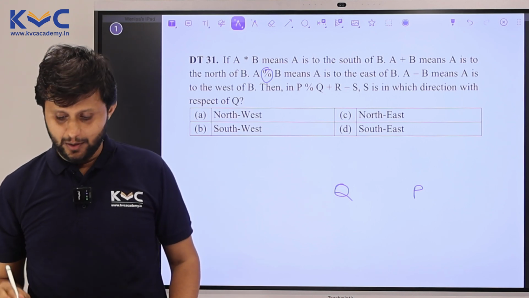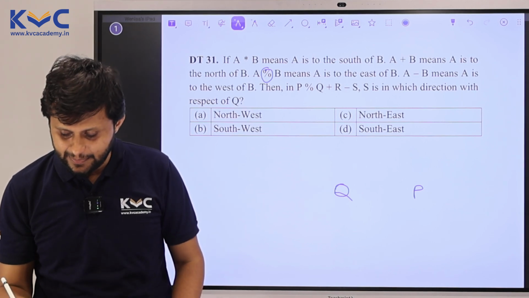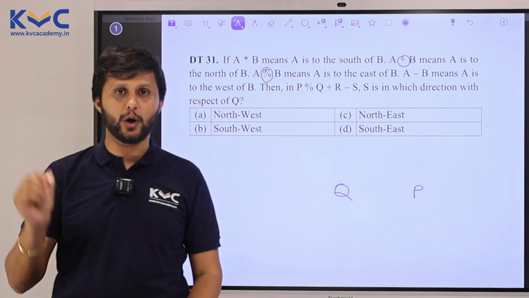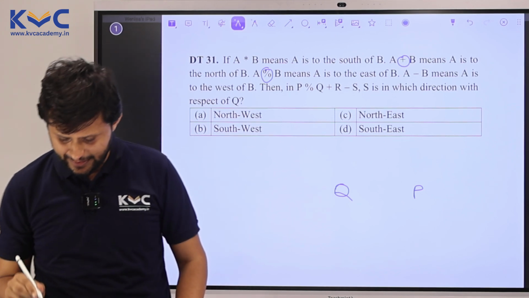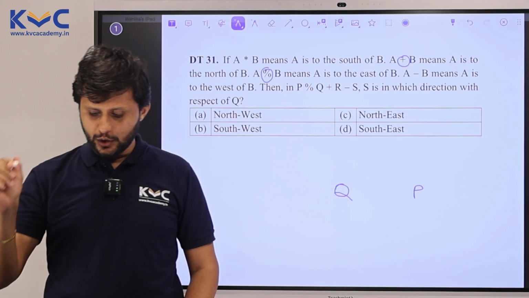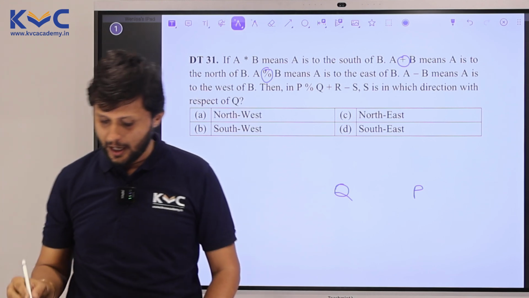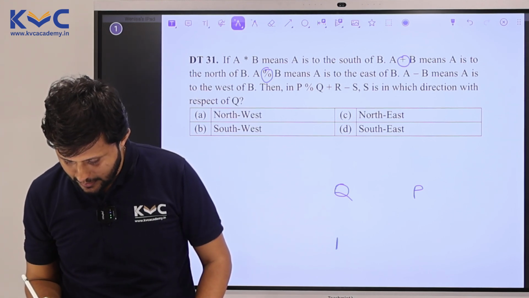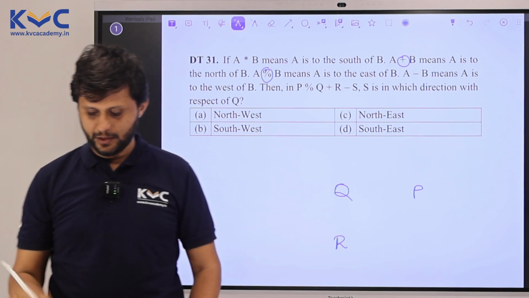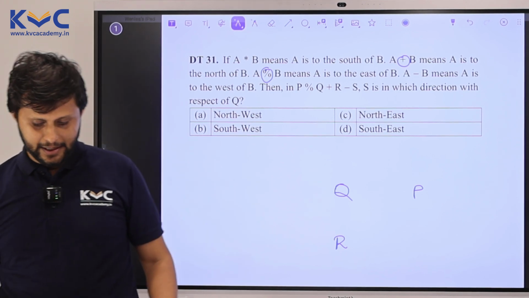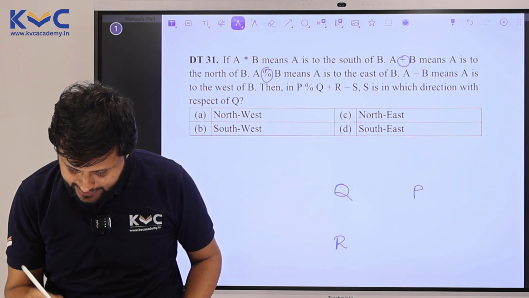Plus R is there. What does plus R mean? A plus B means A is to the north of B. That means Q plus R, Q is to the north of R. So R is over here. Next we have, so this percentage is done. I'll just highlight.